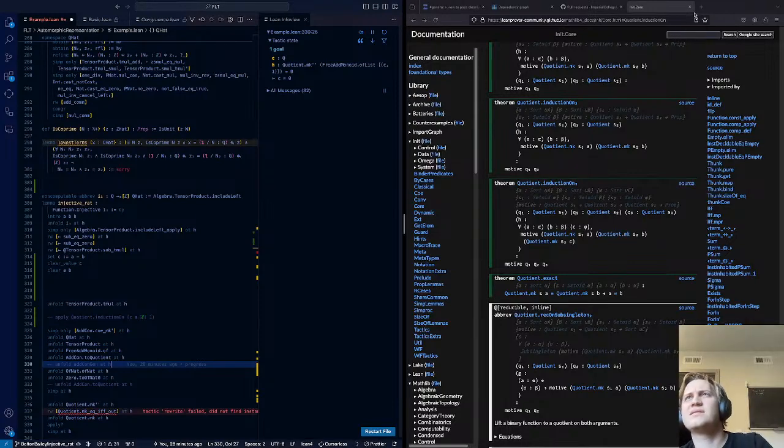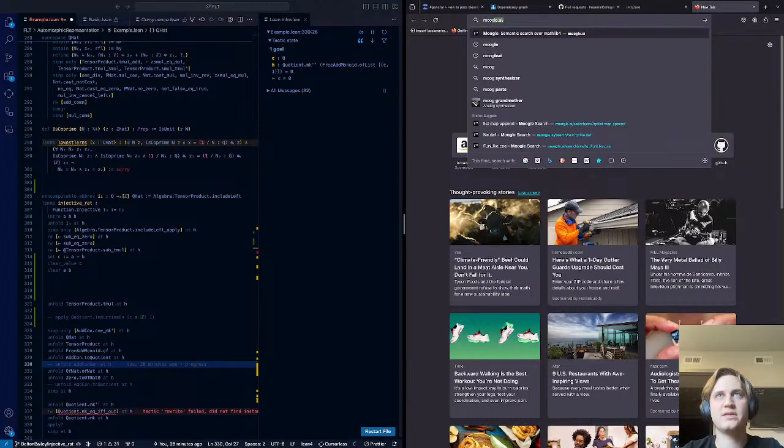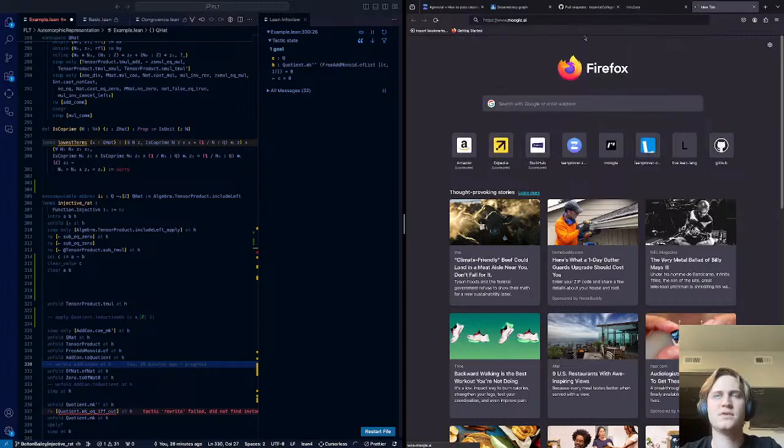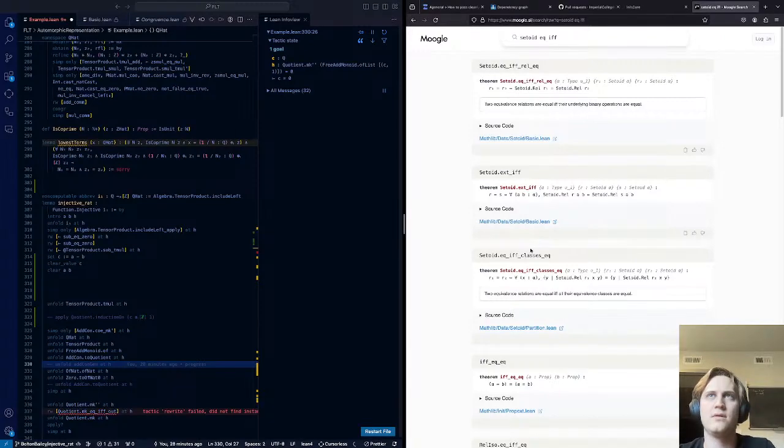Is it like, let me try this. So I feel like this one is sometimes better, like induction, setoid equal if, setoid eq if rel eq.